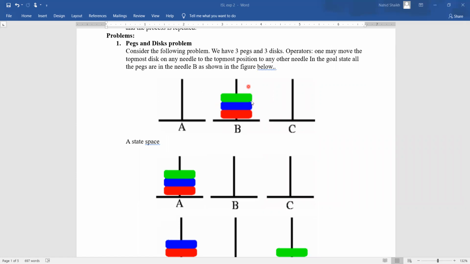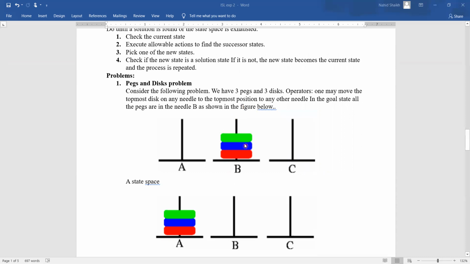You can write that the operator is only move: you can move the uppermost disk of any peg and put it on the top of another peg. So suppose I can remove this green disk from the peg B and put it into peg A, and I can even remove this green disk and put it into the peg C. So this is the action which I can perform.